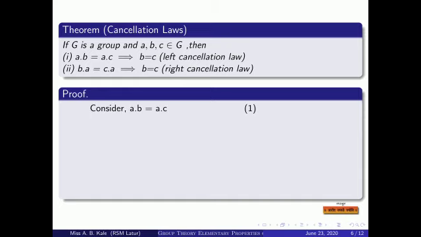Consider AB is equal to AC. Since A is an element of G and G is a group, there exists an inverse for each element.